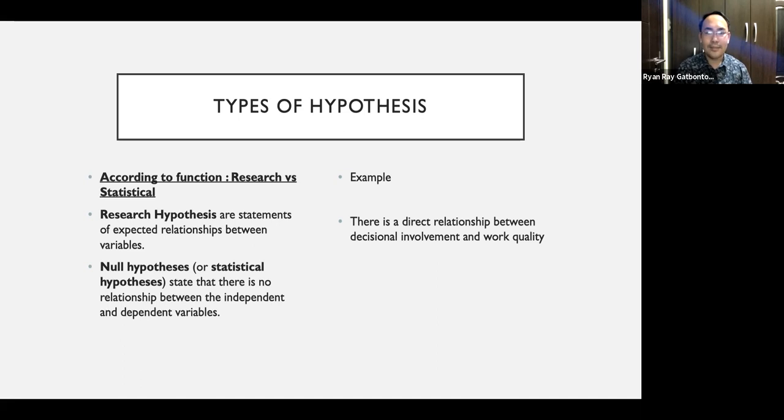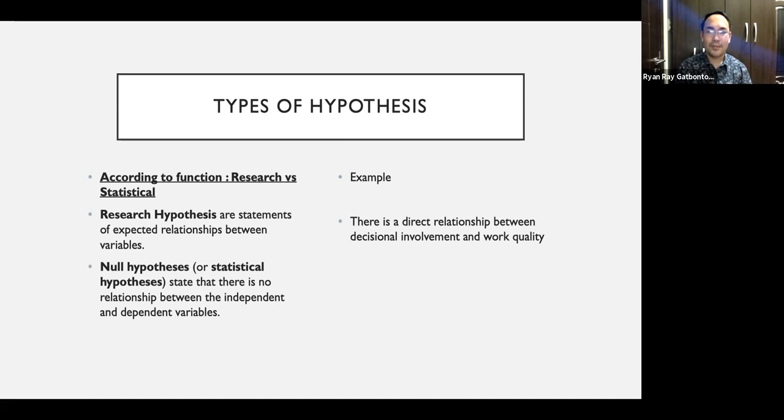On the other hand, when we do our statistics, we always use the statistical hypothesis, or a statement of negation or a statement of equality. Because in a null hypothesis, you are stating that there is no relationship, no difference between the independent and dependent variables.